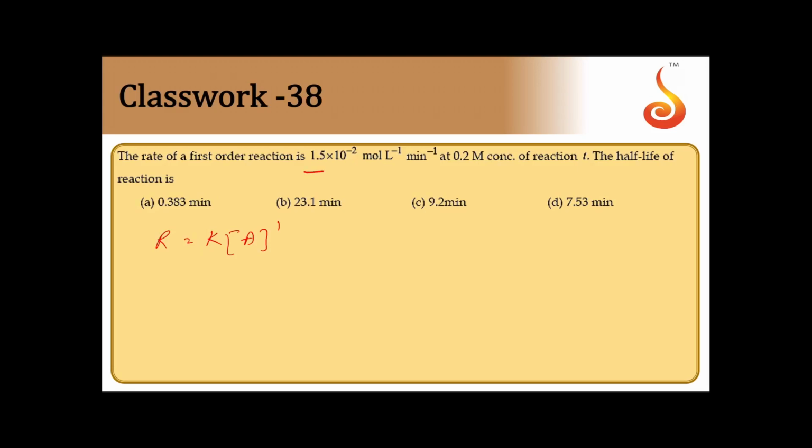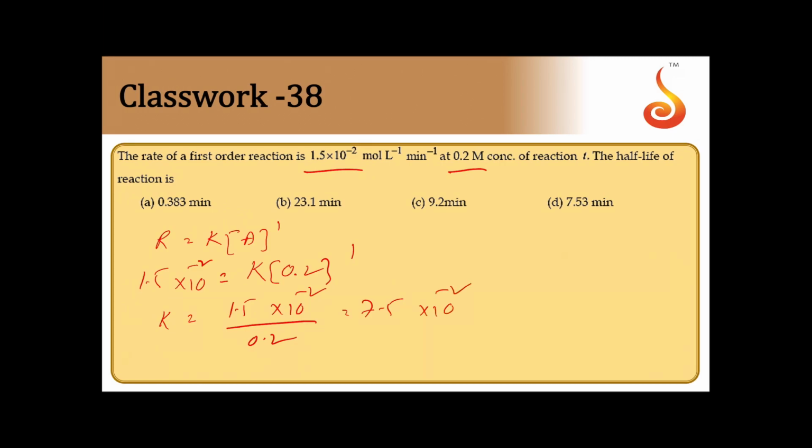So rate is given as 1.5 into 10 to the power of minus 2 is equal to rate constant K, which we have to find out, into concentration of A, 0.2 to the power of 1. So therefore value of K is equal to 1.5 into 10 to the power of minus 2 by 0.2, which is equal to 7.5 into 10 to the power of minus 2.